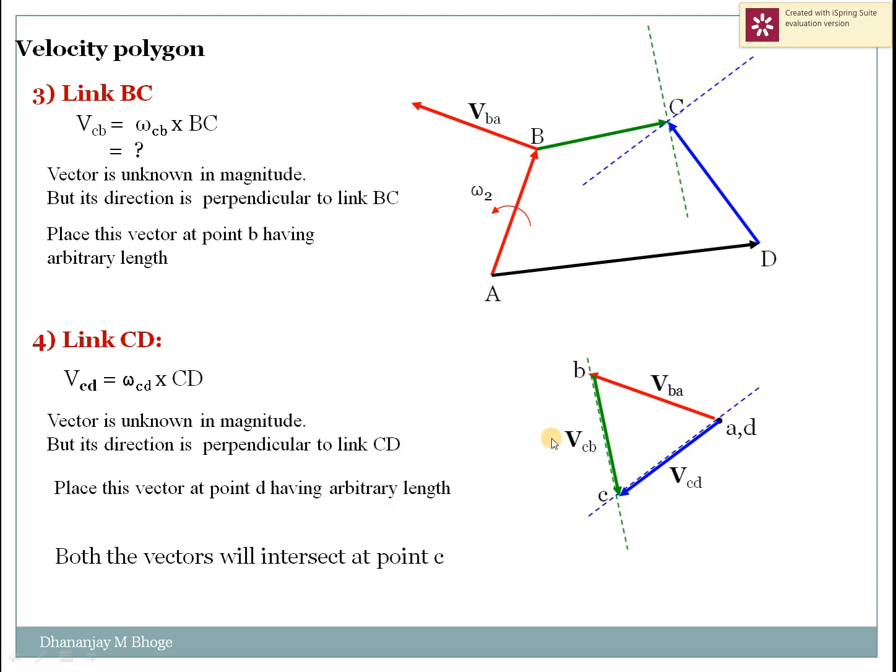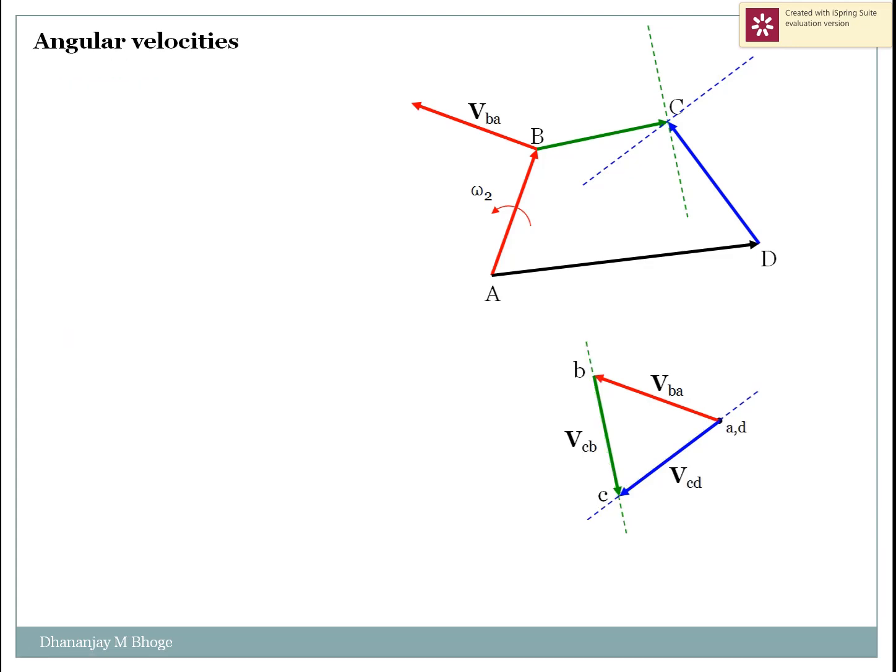So C is at the head of both the vectors. So this completes the velocity polygon for the 4-bar chain.